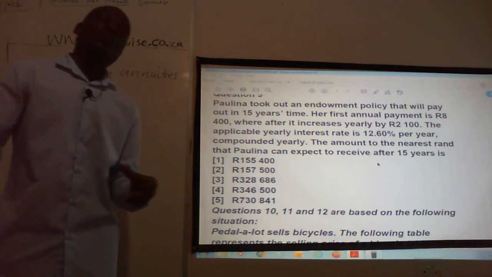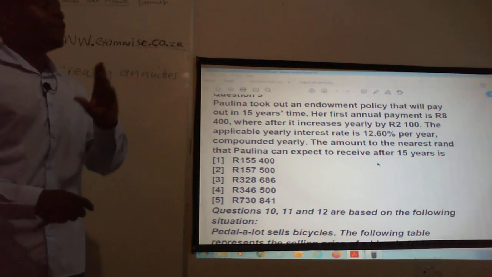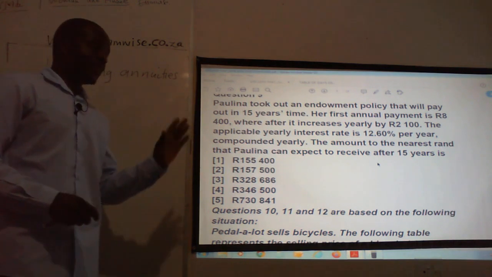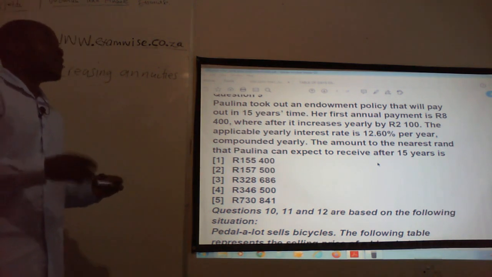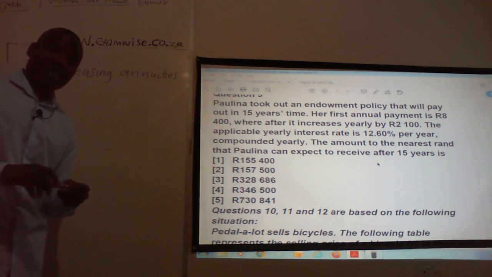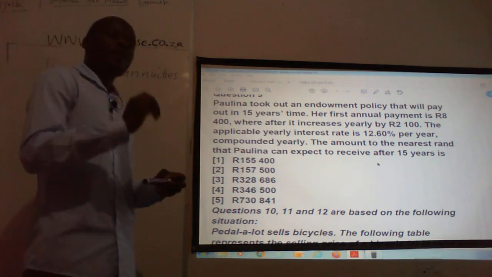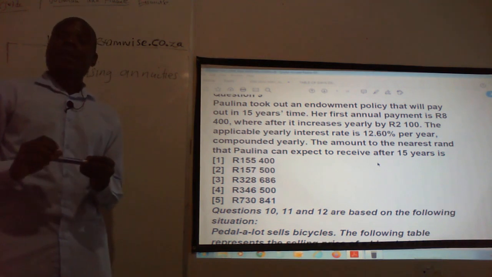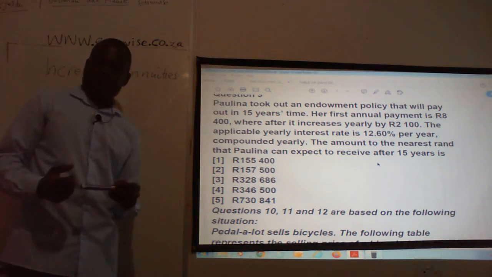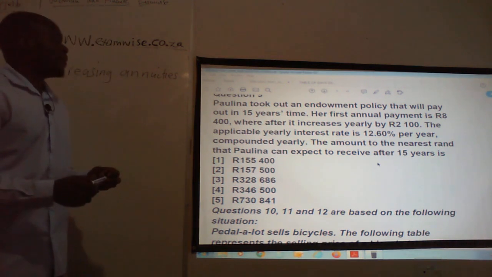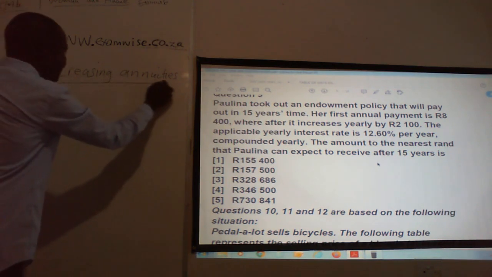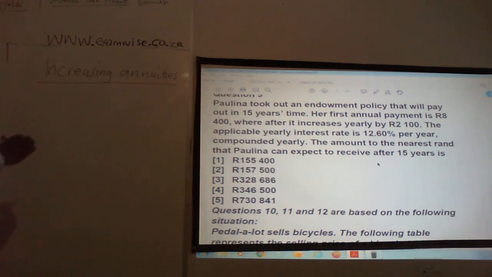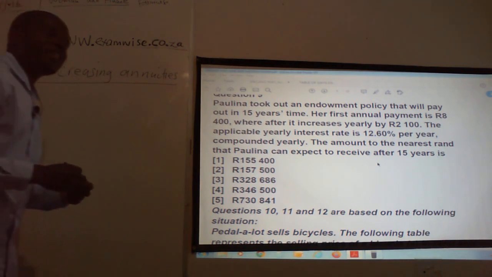I want you to make a point that if we are having an increasing annuity, we cannot use our financial calculators, but we have to resort to a formula. Under an increasing annuity, we only have one main formula.